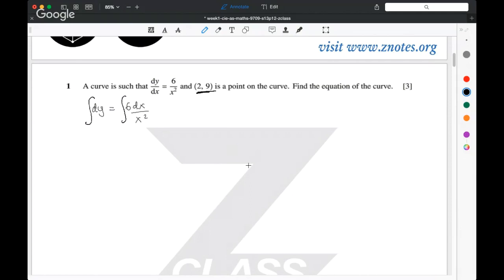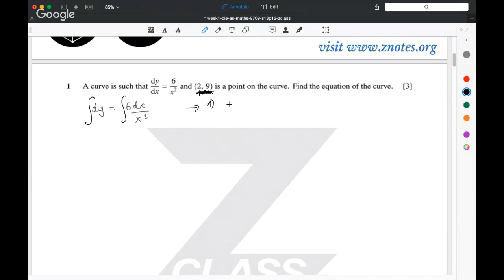Another way to do it is to put this boundary condition into the integral itself, and that point can serve as one of the boundaries of integration. I'm going to do that because I find it quicker. But if you prefer the other way, if that makes more sense to you, let's do them both.